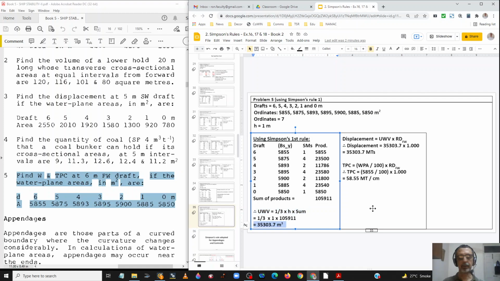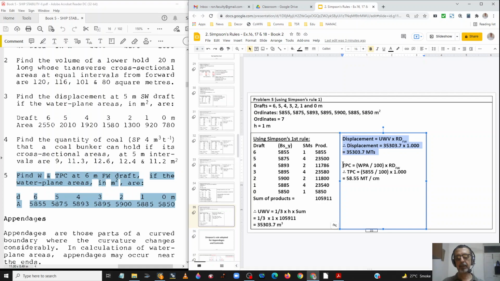Displacement is equal to underwater volume into the relative density of the water in which the ship is floating. This time the ship is floating in fresh water, and we know that the relative density of fresh water is 1, unity. Therefore, the displacement works out to 35,303.7 metric tons.